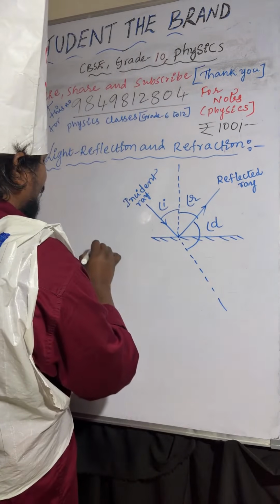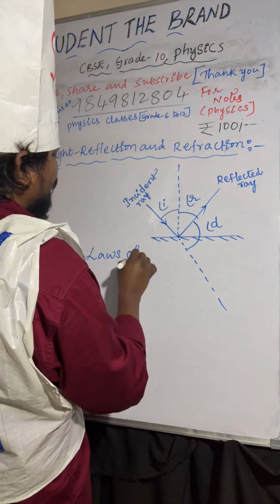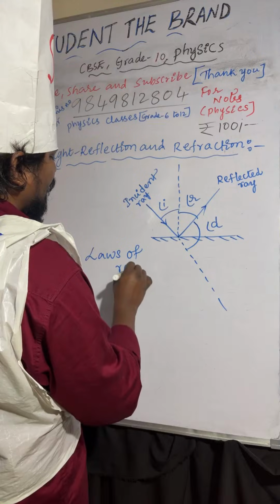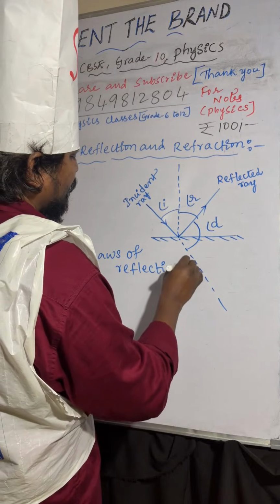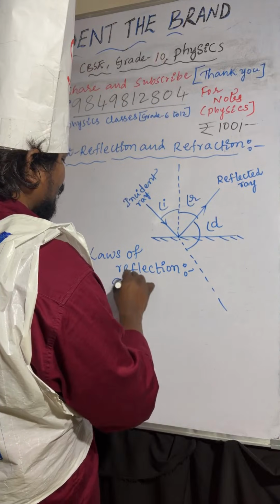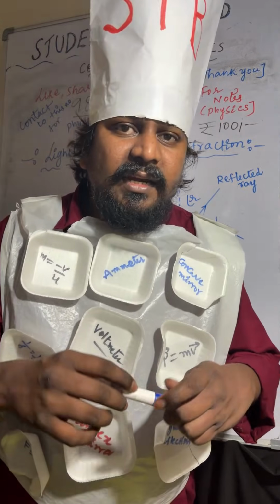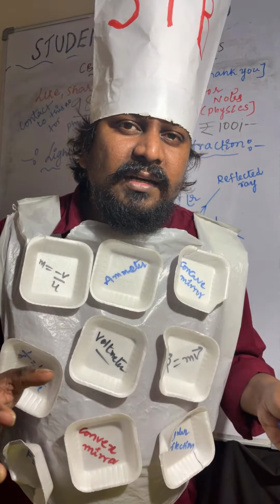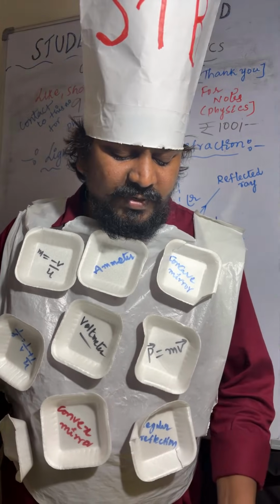Laws of reflection. First, the incident ray, reflected ray, and normal line lie on the same plane.